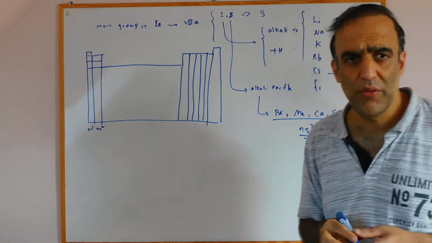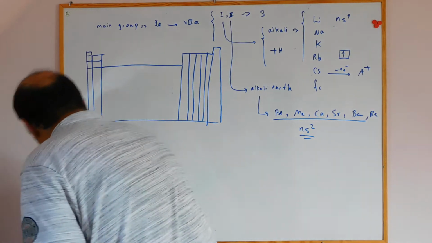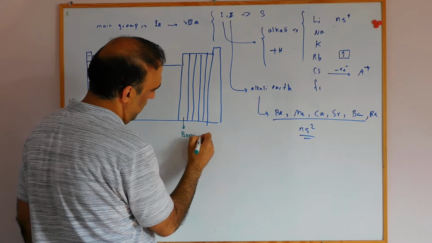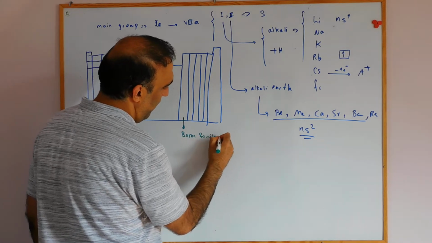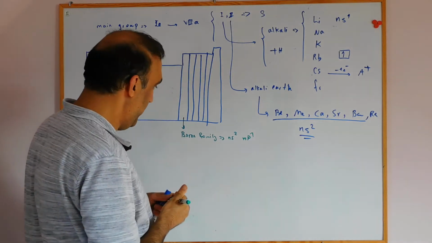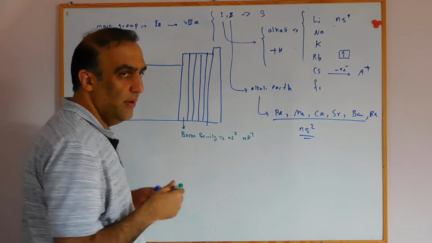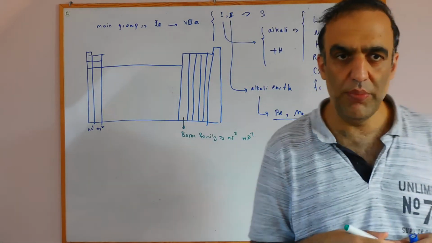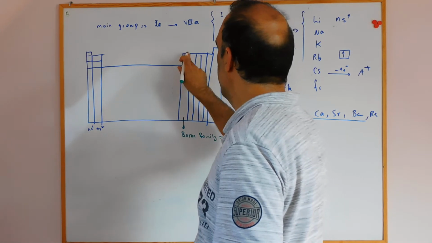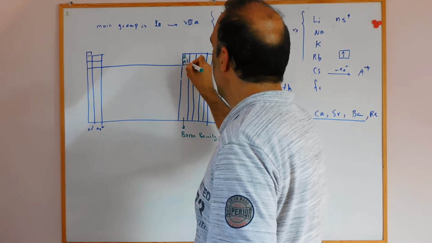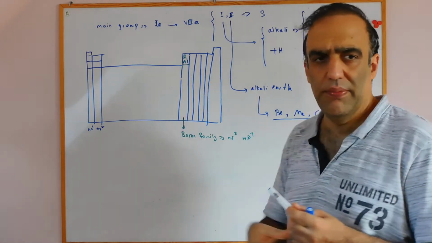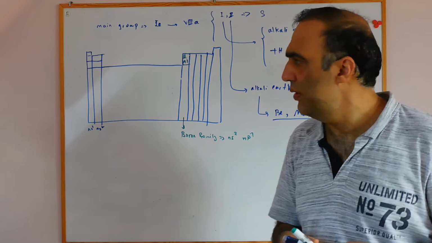The third group is the boron family, with the formula ns2 np1. The elements of this group are important, starting with boron, B, and the second one, the very famous metal aluminum.